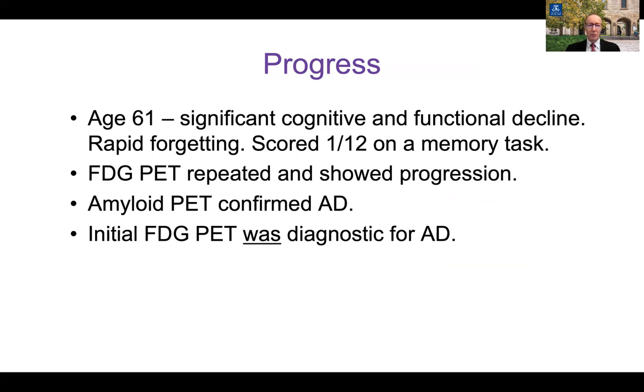An amyloid PET was done as part of a research project with PIB, and this confirmed heavy burden of amyloid plaques throughout the brain. The initial FDG PET was diagnostic in this case. The clinician just didn't like the result and resisted what was the correct diagnosis until it became glaringly obvious.